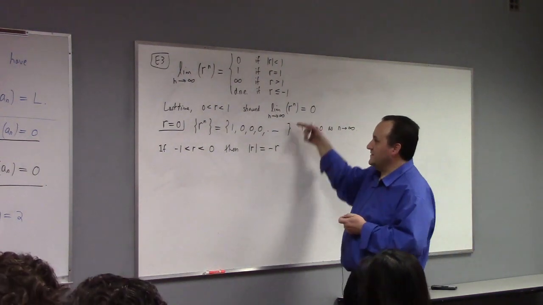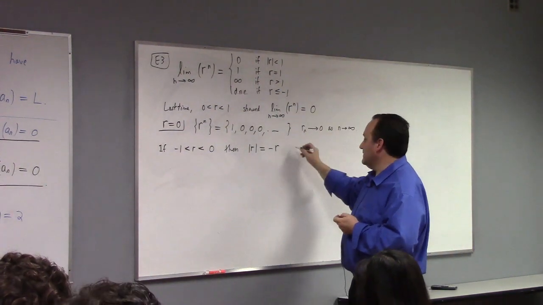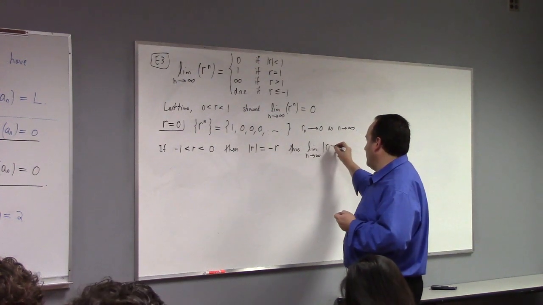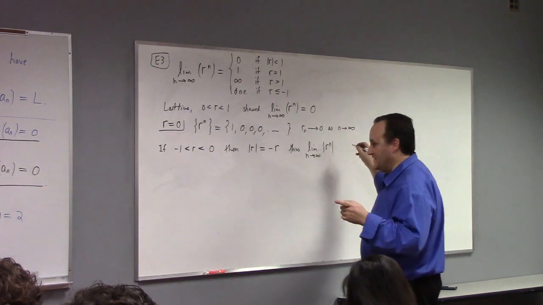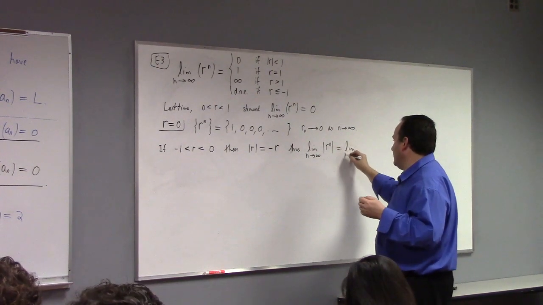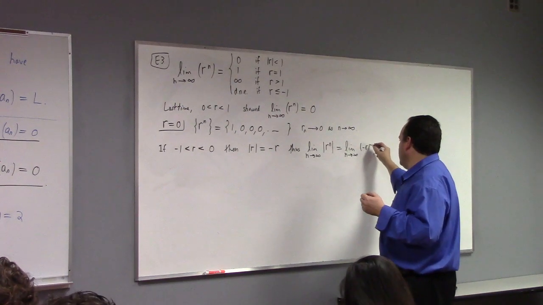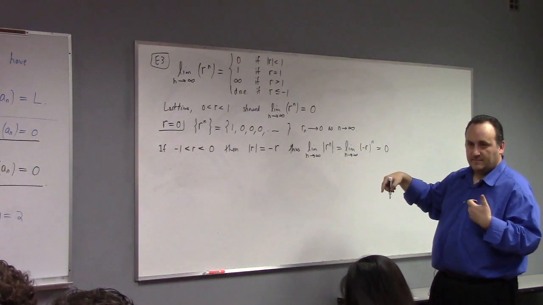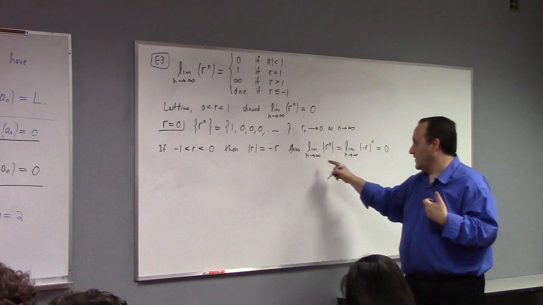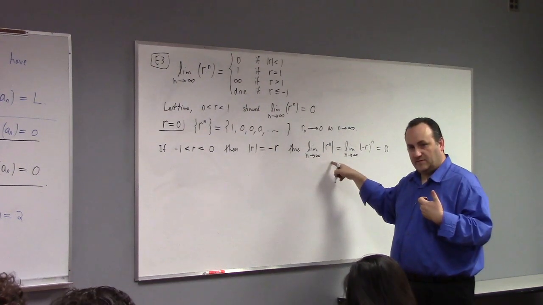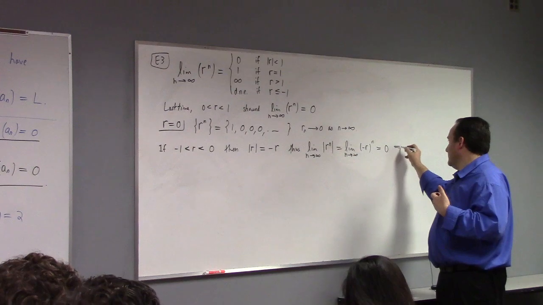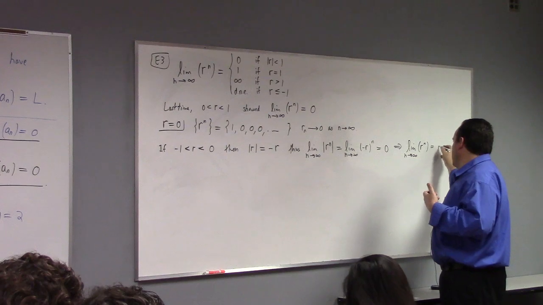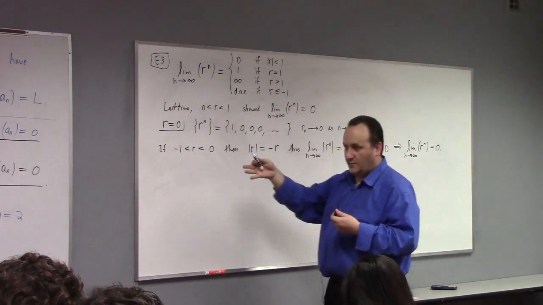And that fits into the case we did last time, right? Thus, the limit as n goes to infinity of the absolute value of r to the n, I'll come back to your question in just a second, is equal to the limit as n goes to infinity of minus r to the n, which is equal to 0 by what we did last time. So therefore, the absolute value of the sequence converges to 0, which then implies that the limit as n goes to infinity of the sequence converges to 0 as well, using example 1.